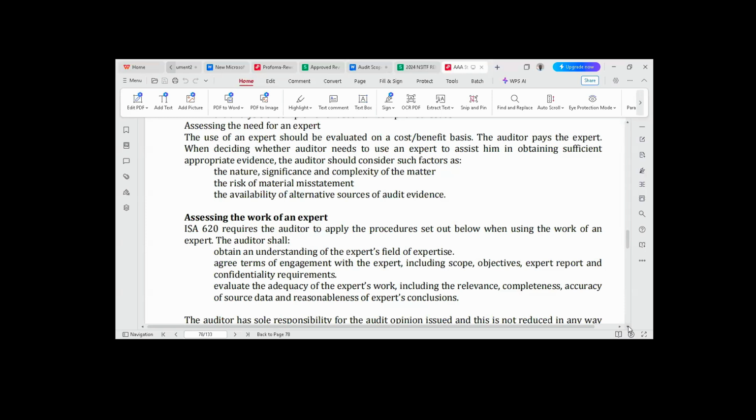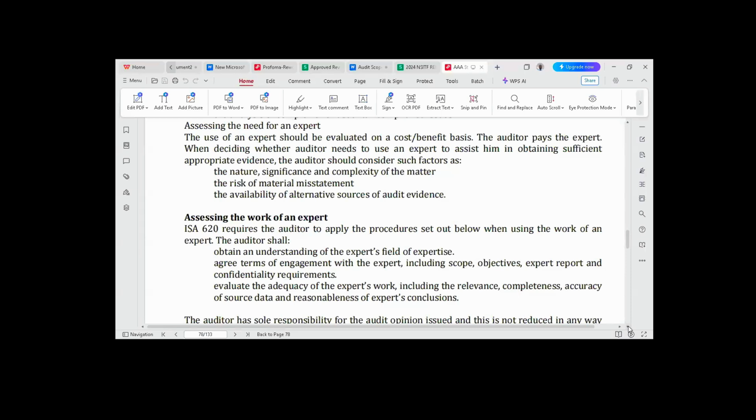Number two, the auditor should agree terms of engagement with the expert, including scope, objective, expert report, and confidentiality requirements. Like I said, unless the law permits, the expert report is presented by the auditor. It takes full responsibility for everything.